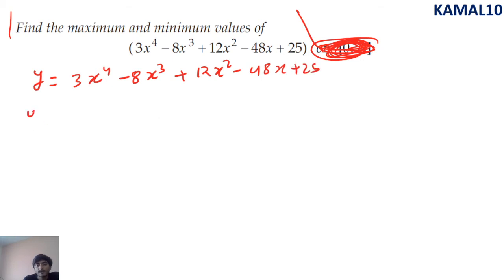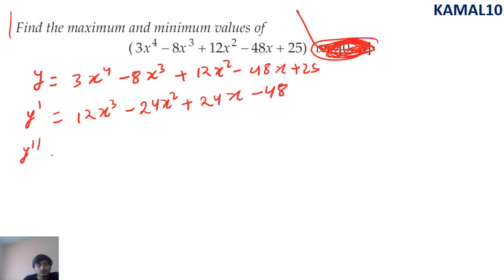Then y dash is 12x cube minus 24x square plus 24x minus 48. At the same time, I suggest you find y double dash also. Y double dash is 36x square minus 48x plus 24.